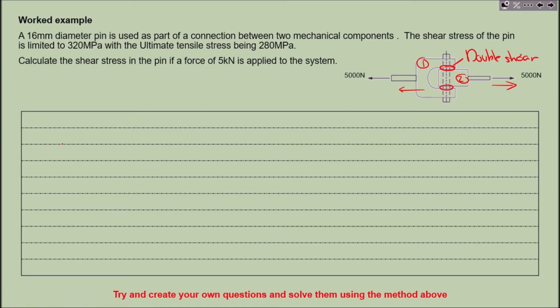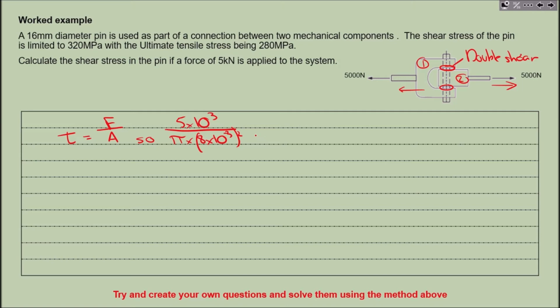Again, from previous videos, stress equals force over area. So force, we've got 5 times 10 to the 3 newtons. And then we've got area. It's a diameter, so the area is going to be pi times half the diameter, the radius, so 8 times 10 to the minus 3, squared.